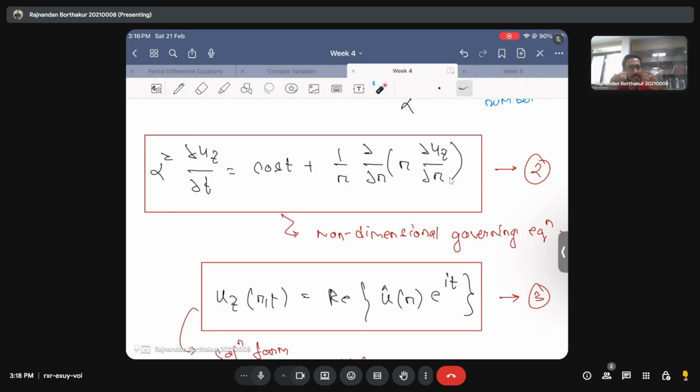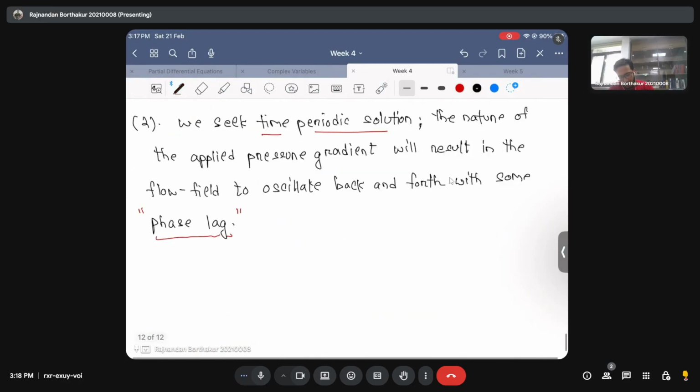The nature of the solution hints that we don't require an initial condition on uz at t equal to 0, because we are looking for time periodic solutions; the velocity field is anyway going to oscillate with time. So this statement also hints that we don't require an initial condition in this analysis.